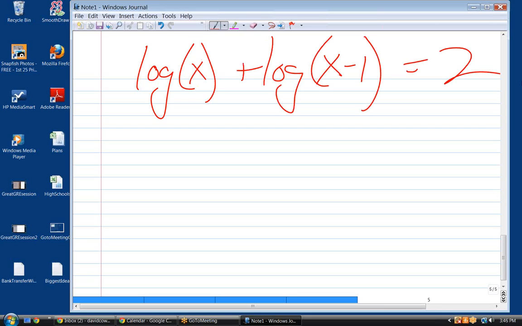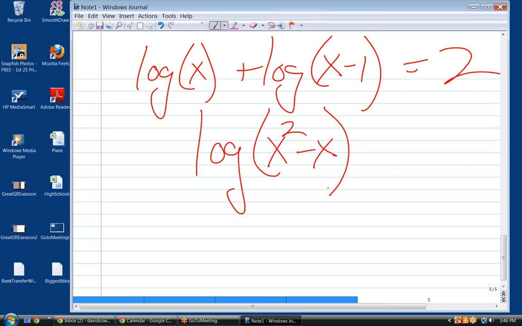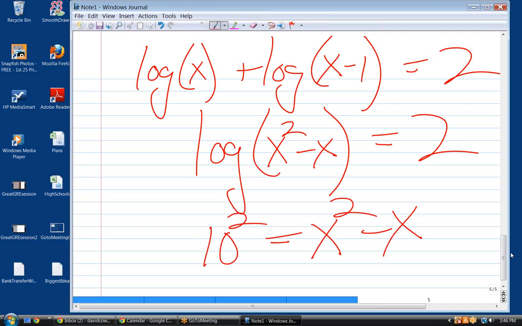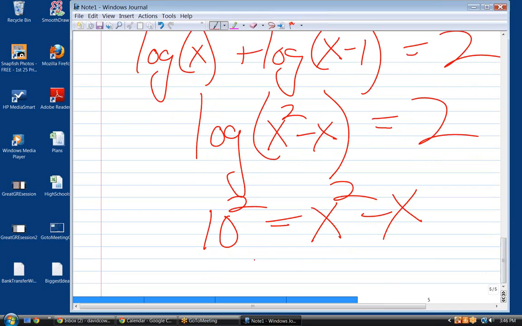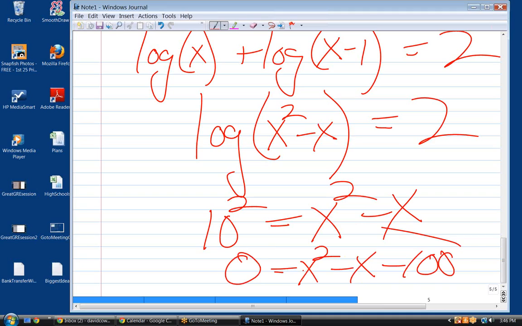First you would condense them, so it would be log of x squared minus x equals 2. And then that would be 10 to the second equals x squared minus x, and then you have a quadratic. You factor it just like you would any quadratic and solve it.